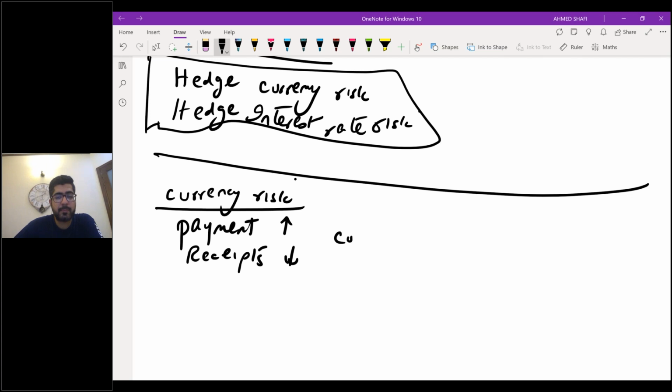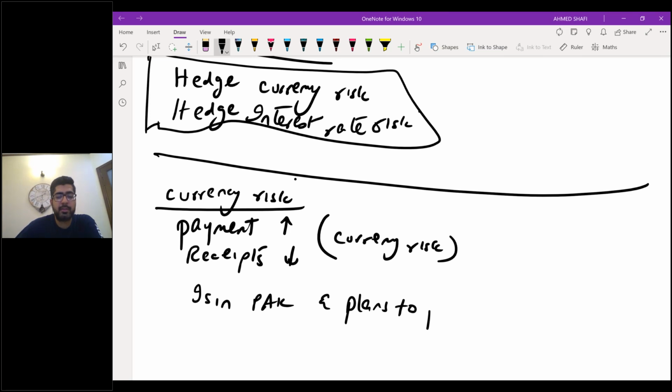This was called currency risk. For example, a company is in Pakistan and plans to pay $5,000 in 3 months. There is always a risk that the dollar rate may go up.